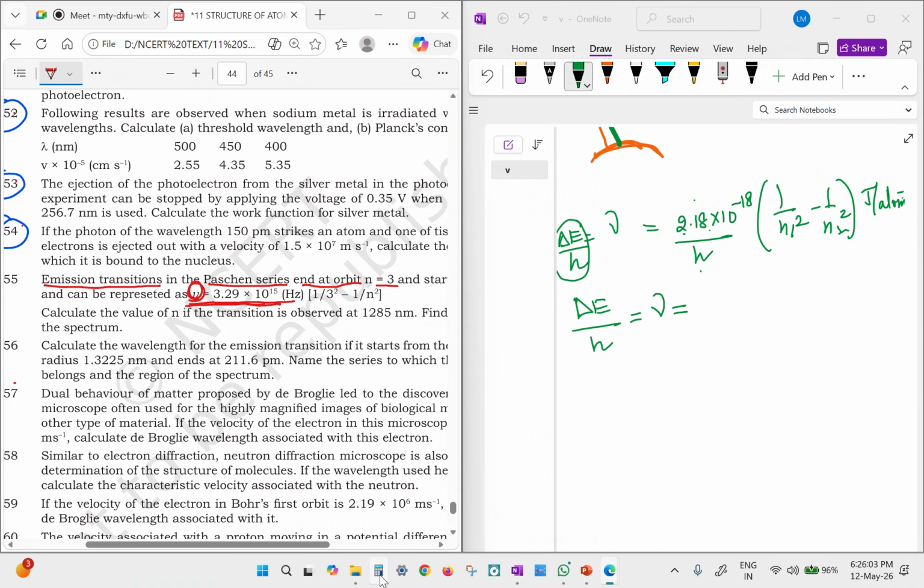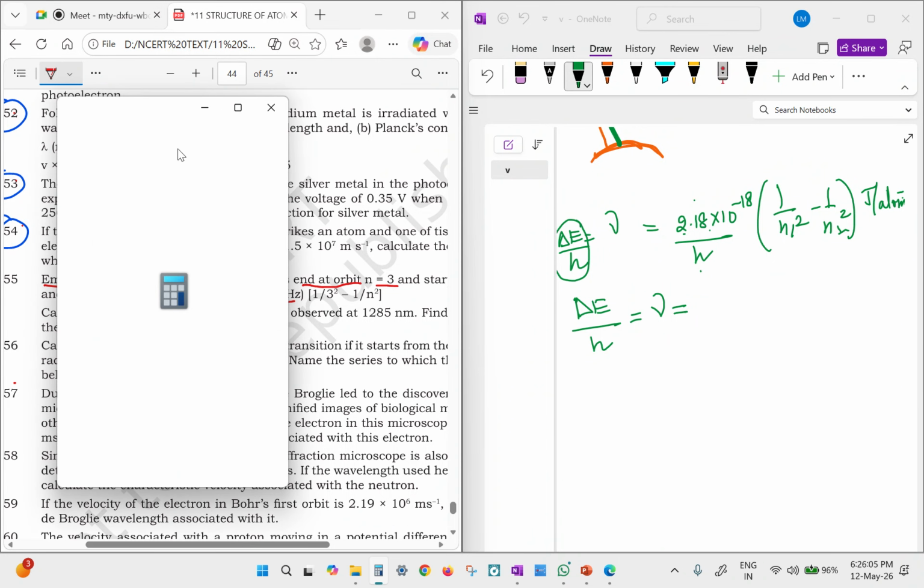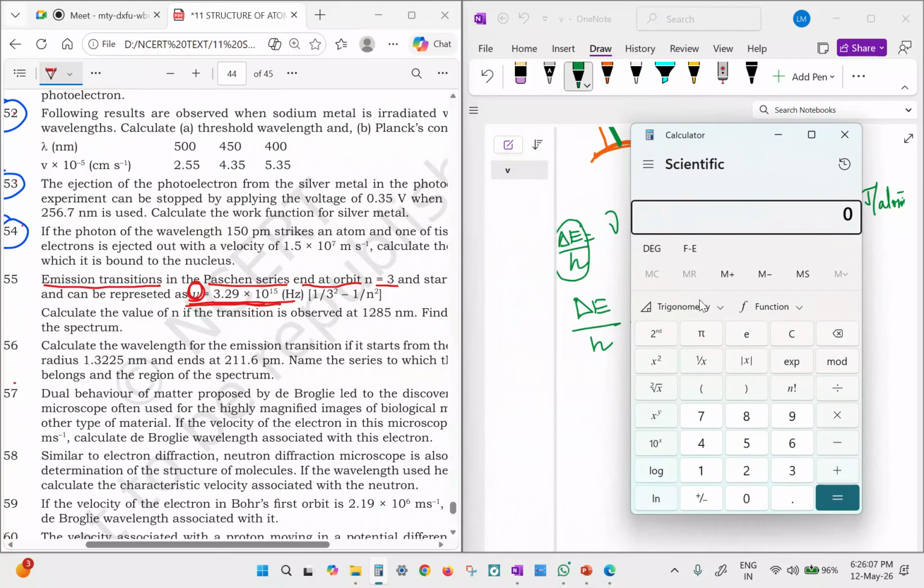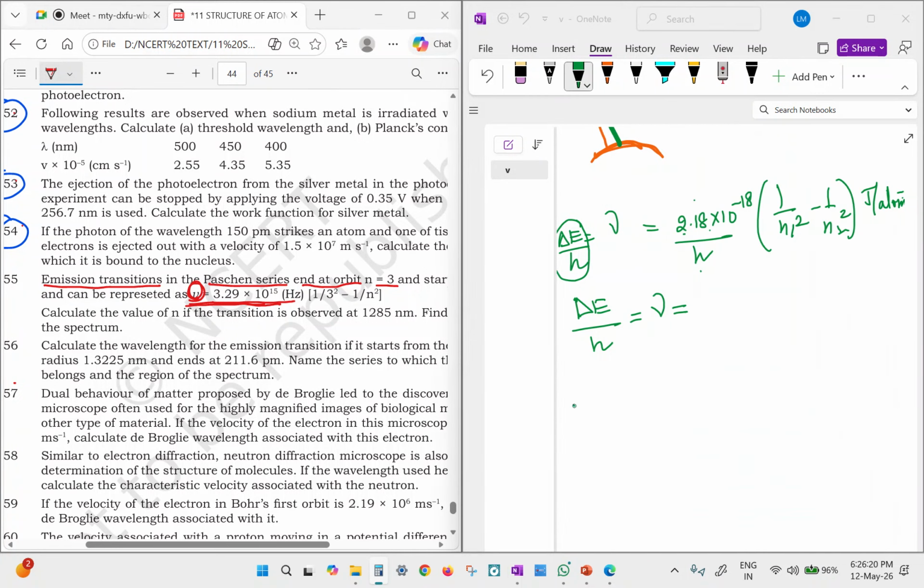I'll just show you. 2.18 divided by 6.626. See, 0.329. So when you adjust the decimal, it will become the same. 0.329 into 10 to the power minus 18.